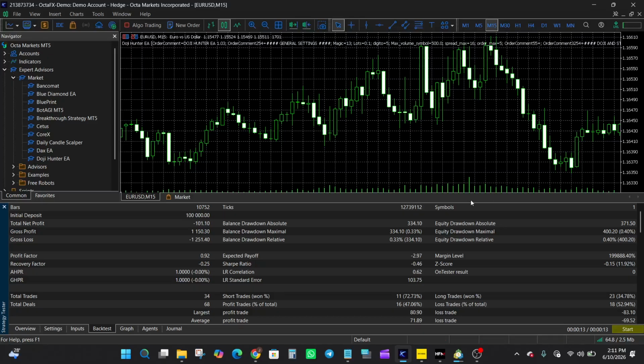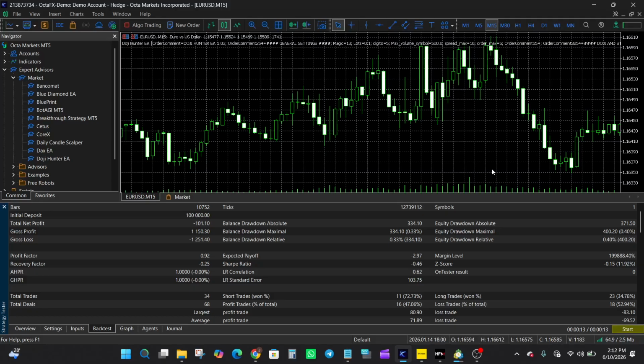I would also recommend running longer term testing and optimization yourself so that you can get better understanding of how the EA performs across different market phases, especially since candlestick based systems can behave differently in ranging versus trending environments.